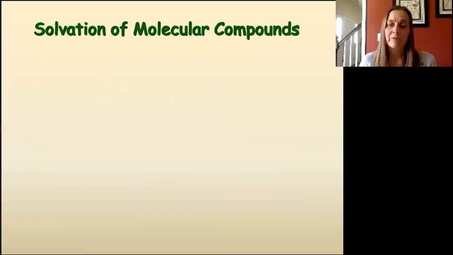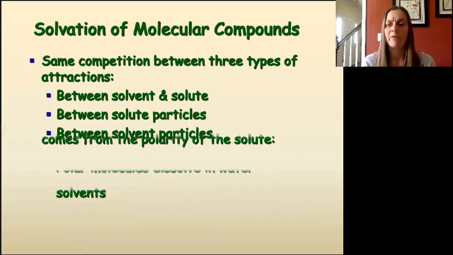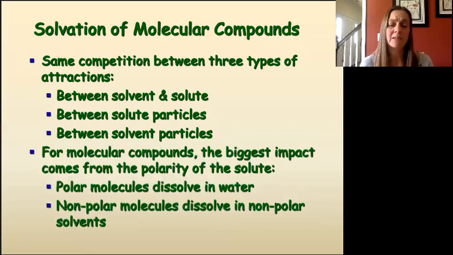When we talk about solvation or dissolution of molecular compounds, we have the same competition between three types of attractions: solvent-solute, solute-solute, and solvent-solvent attractions. But for molecular compounds, our biggest impact is going to come from the polarity of the solute. Polar molecules are going to dissolve in water. Non-polar molecules are going to dissolve in non-polar solvents.